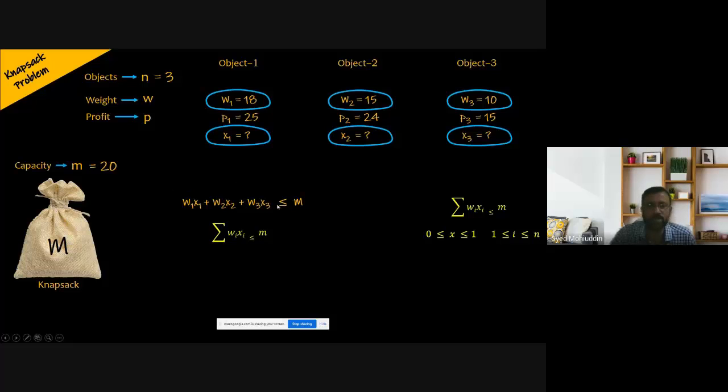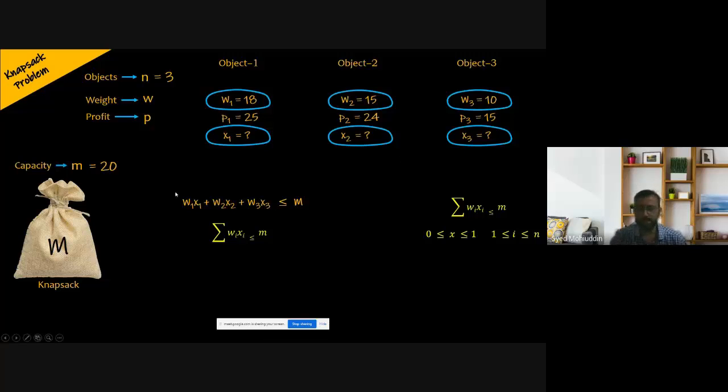Summation of all these things should be less than or equal to M. That is the constraint. However many objects, object 1, object 2, object 3 are selected, it should be less than or equal to the capacity of the knapsack, which is M. That is actually the constraint. We cannot fill the knapsack with more than its capacity.